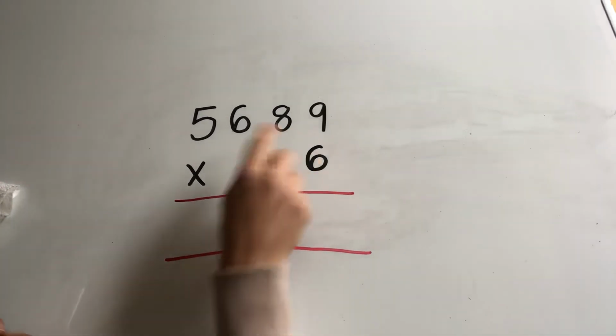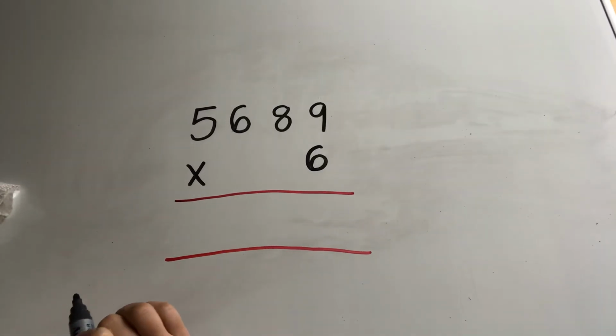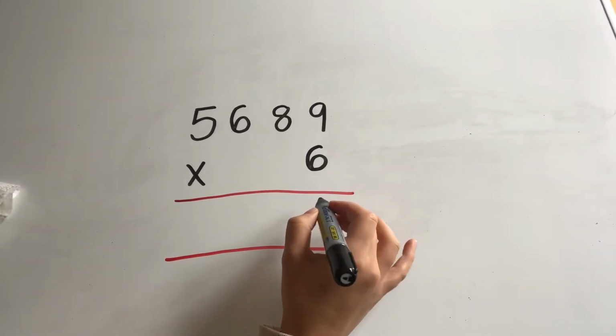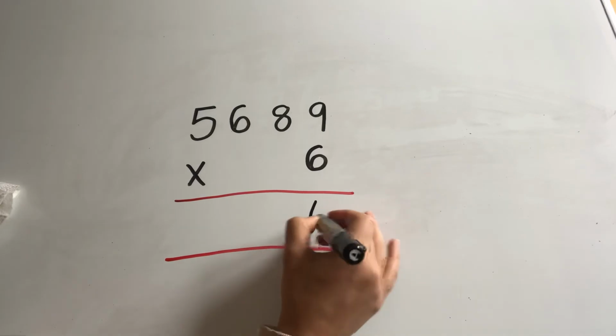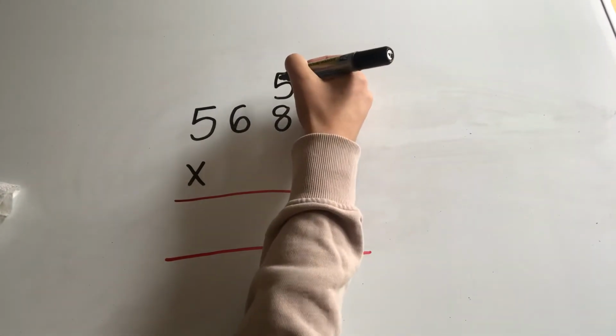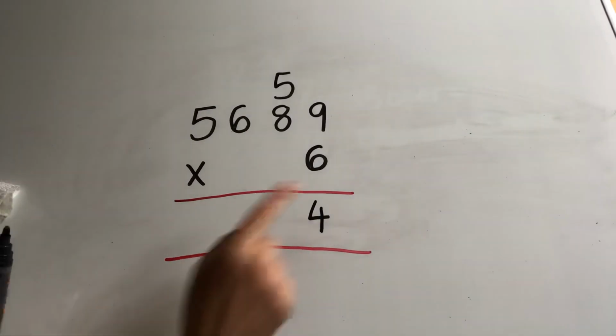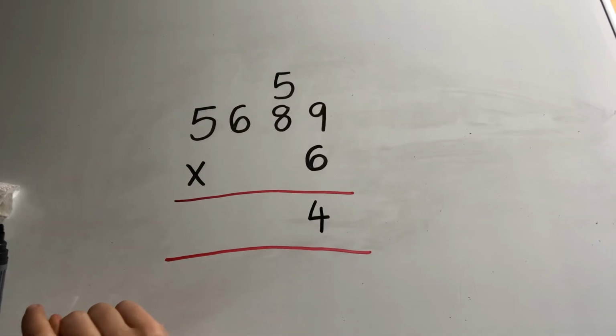So 6 groups of 9 is 54. I can't write 54 down. I need to rename it. So I'm going to rename 54 ones to 4 ones and 5 tens. And then I'm going to move on to my tens column.